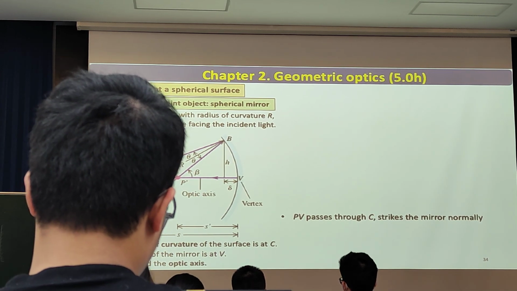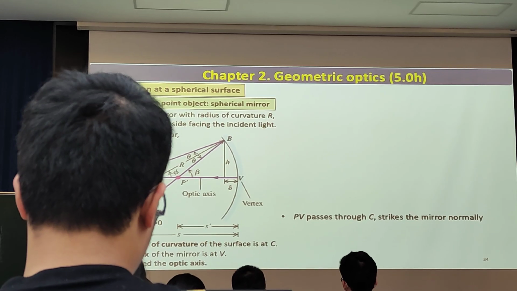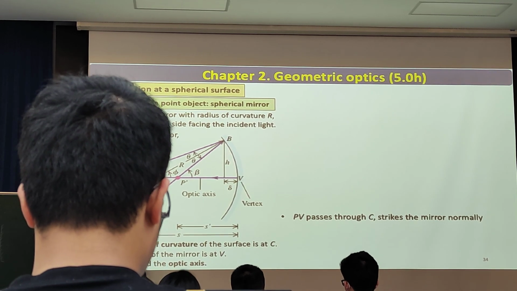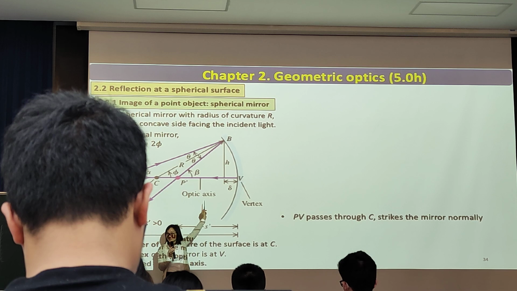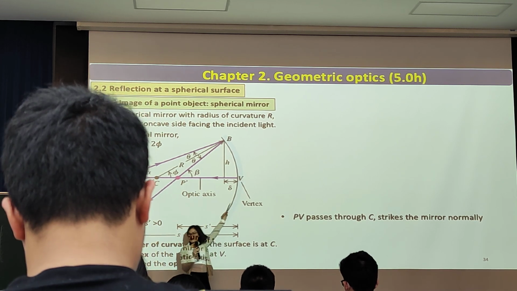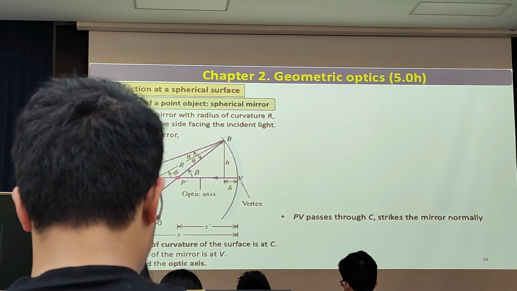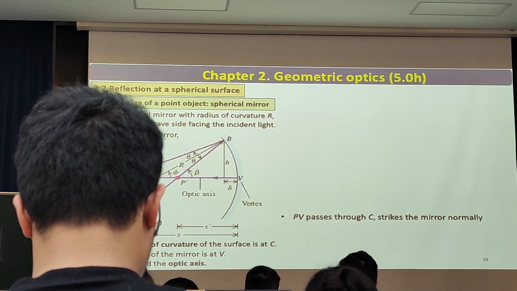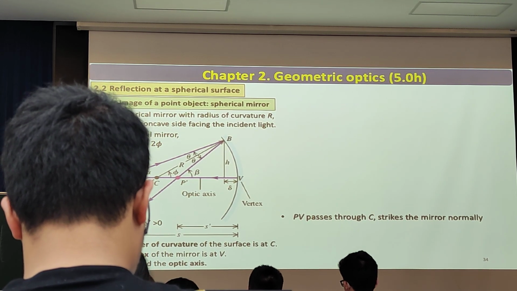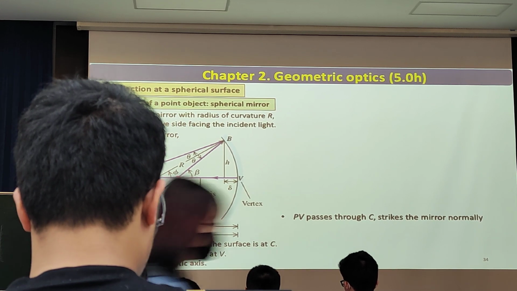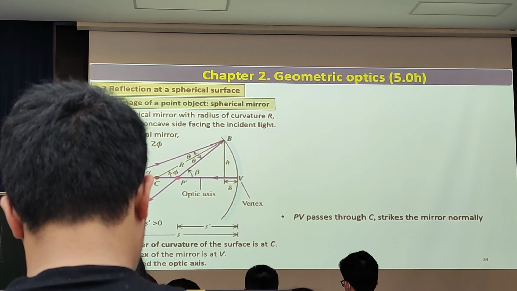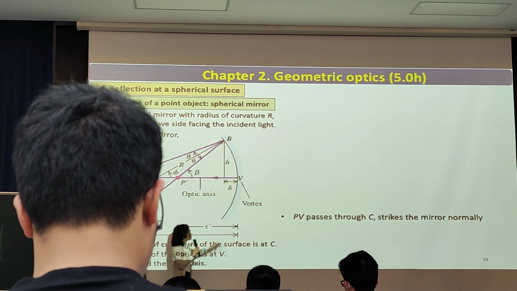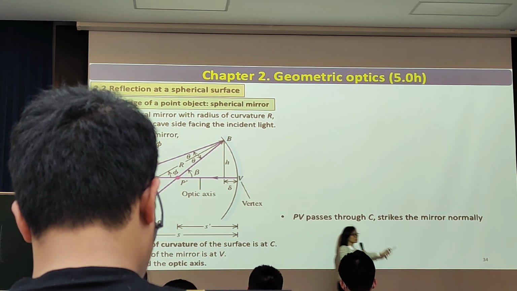That's why we have the normal for the first incoming ray, the special one, PV passing through C. So the normal is also VC, because the normal to any point on the spherical surface lies between the point and the center. So it's the same. That's why PV passes through C and strikes the mirror normally.